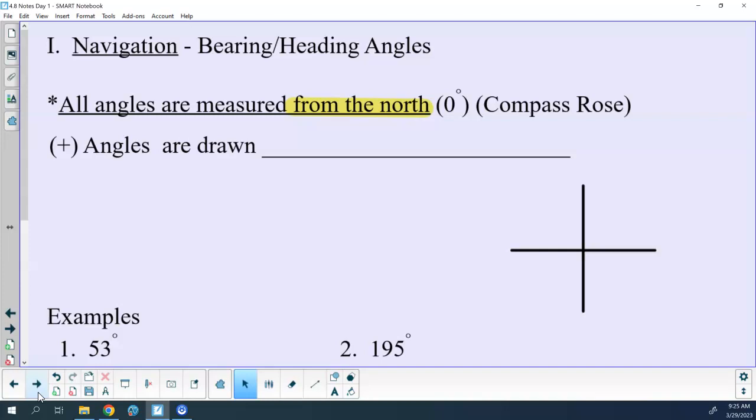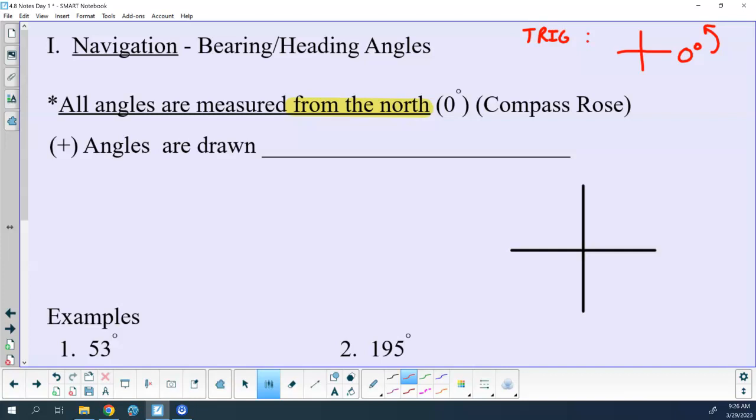So in trig, all of our angles were 0 degrees straight out to the right.